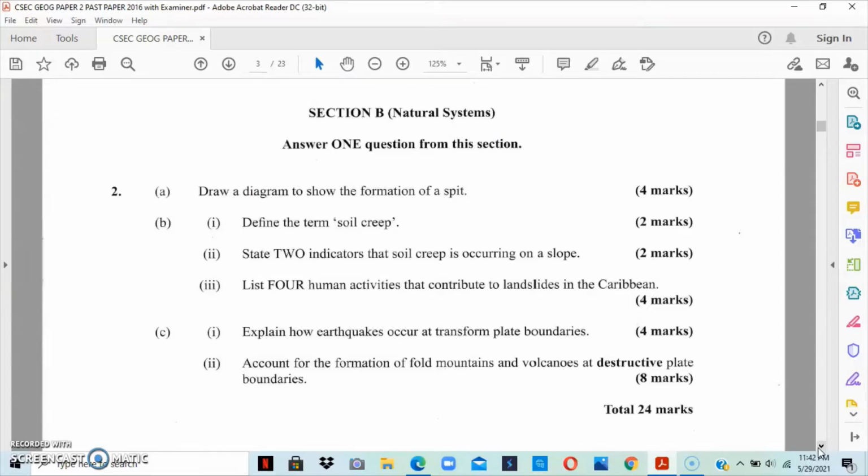Part 2 asks us to account for the formation of fold mountains and volcanoes at destructive plate boundaries. Now, another name for destructive plate boundaries is convergent plate boundaries. Fold mountains are formed in two ways. One is when two continental plates converge or come together.